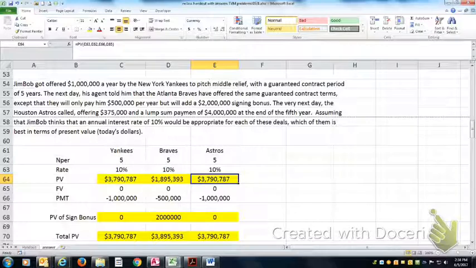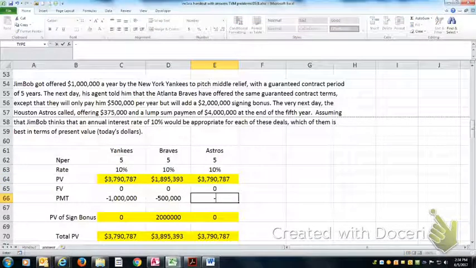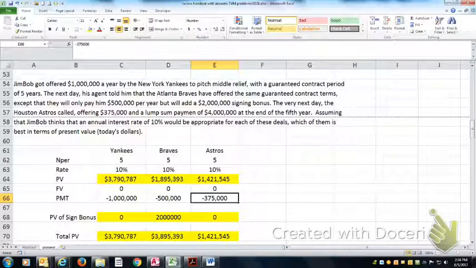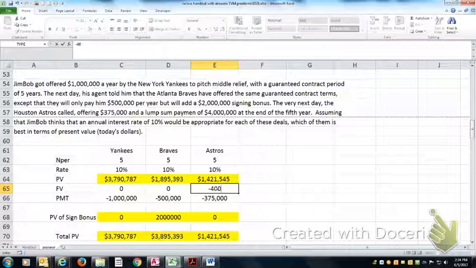The offer from the Astros is only $375,000 a year, no stinking signing bonus, but at the end of the 5th year, we'll hand you a check for $4 million.